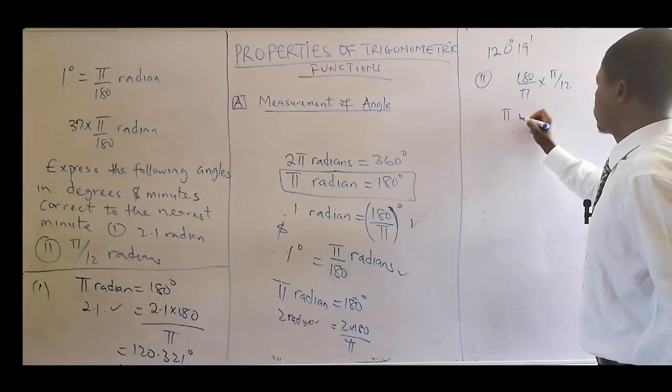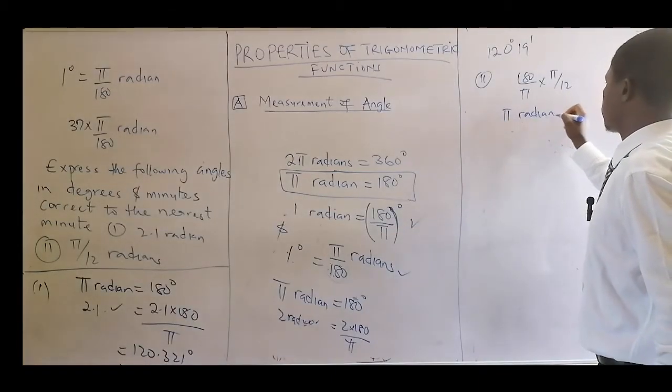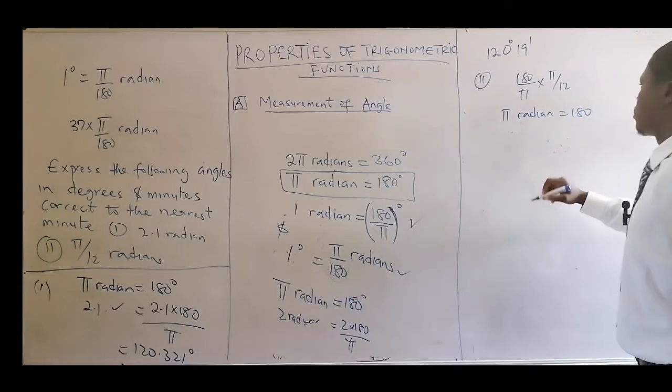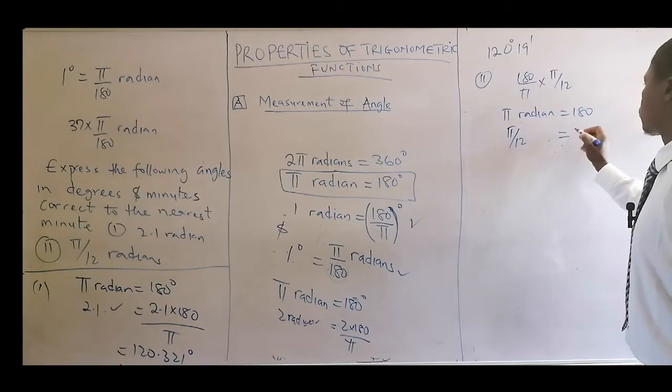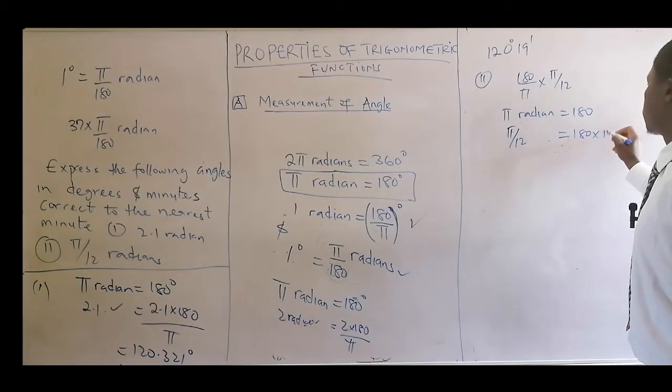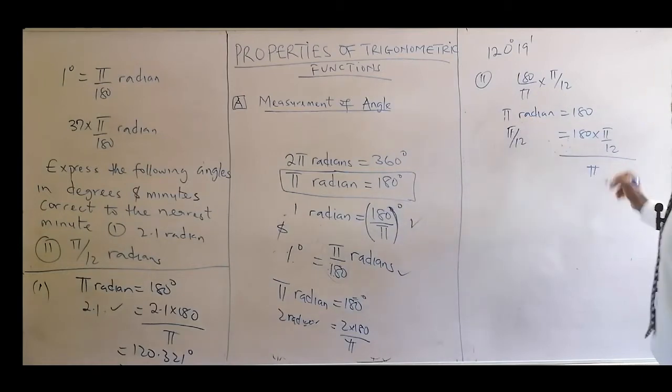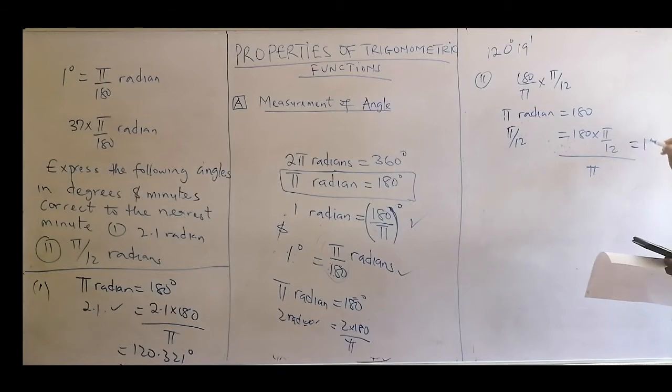Pi radians is equal to 180, so pi over 12 will be 180 times pi over 12 divided by pi. That's 15 degree. This one has no decimal, so there are no minutes.